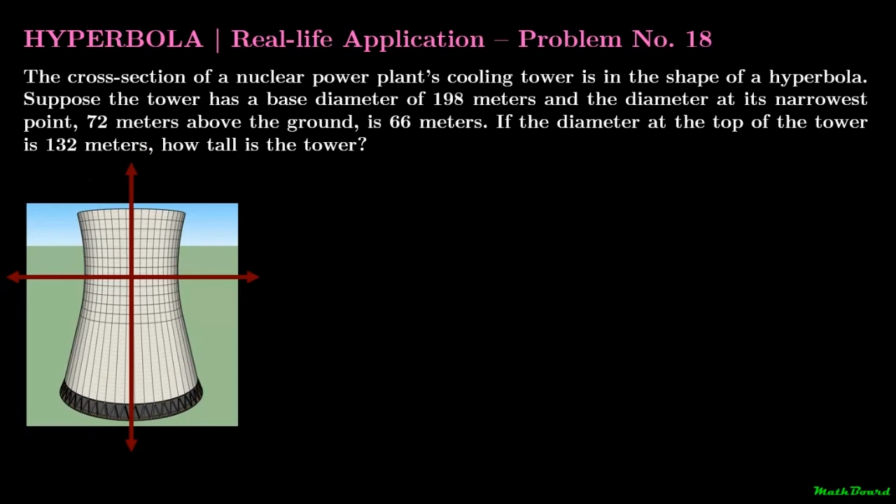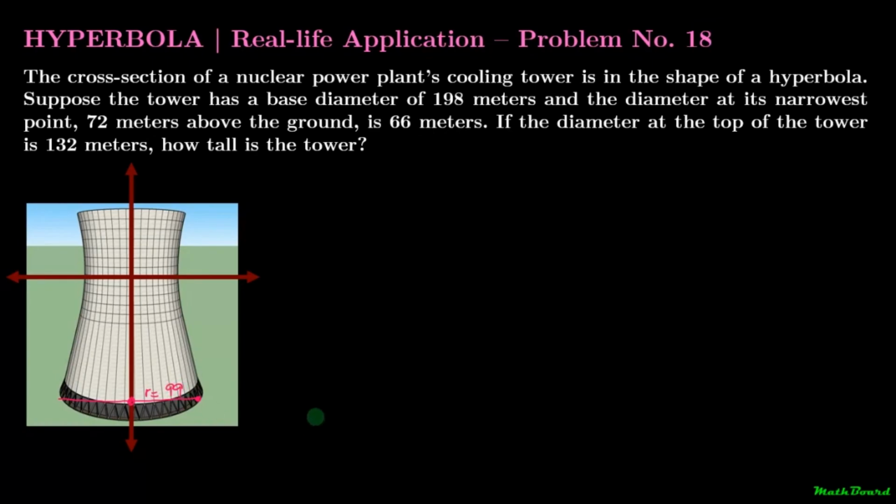Ngayon, yun muna ang mga given. Kunin natin. Sabi dito, the base diameter is 198. So, ito daw yun. Kung isipin natin, ito yung 198. So, from the center up to this point, yun yung radius. So, ang radius is 198 divided by 2, 99.